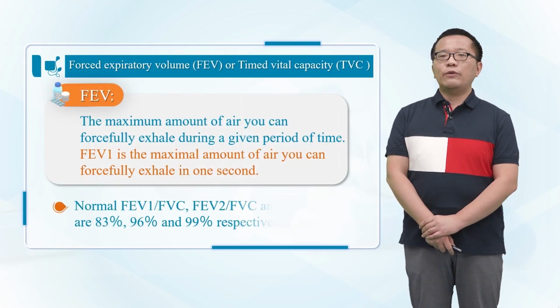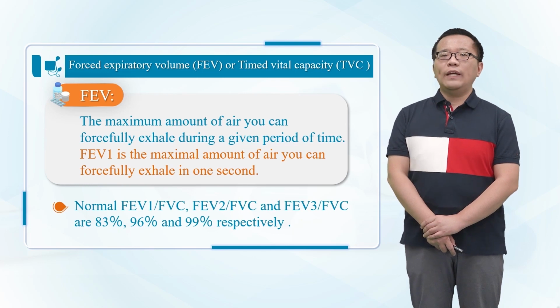Forced expiratory volume (FEV). FEV is the maximum amount of air you can forcefully exhale during a given period of time. FEV1 is the maximum amount of air you can forcefully exhale in 1 second. FEV2 is the maximum amount of air you can forcefully exhale in 2 seconds.